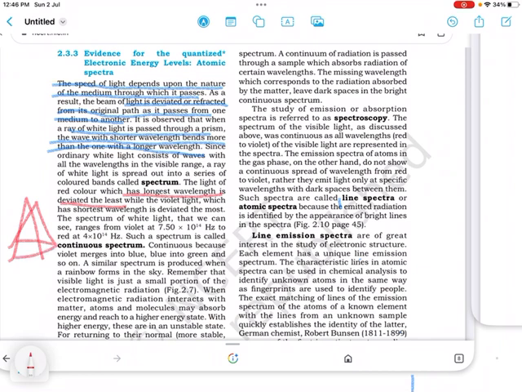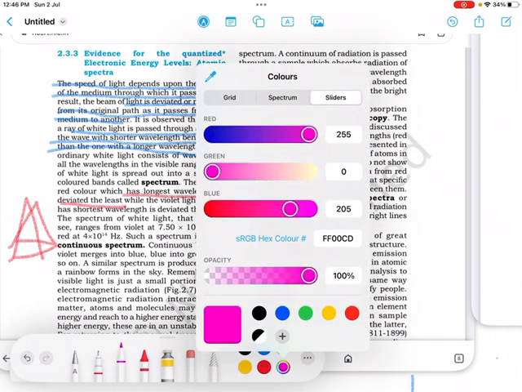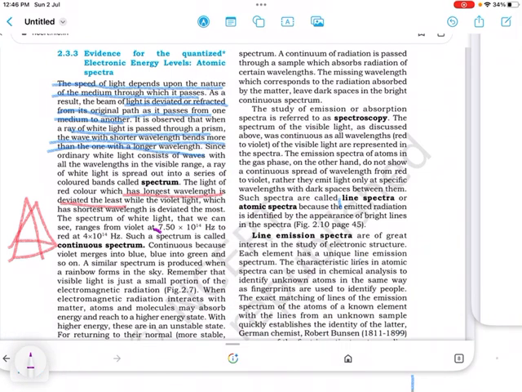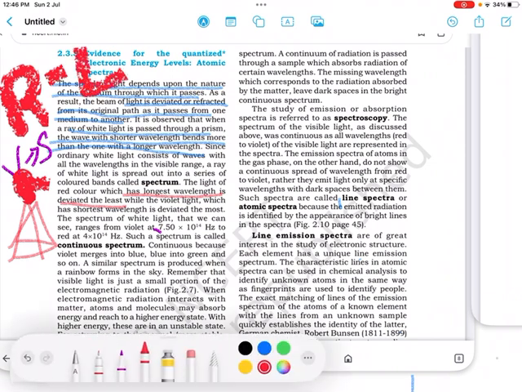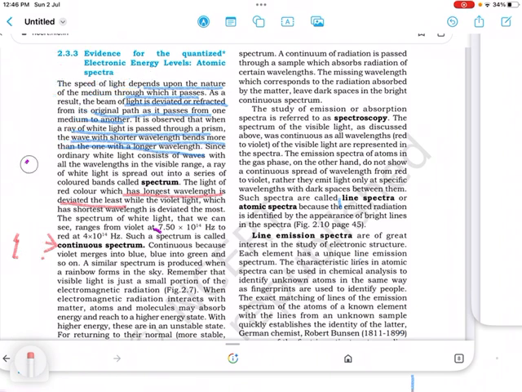While the violet color light, which has the shortest wavelength, is deviated the most. Violet is short while red is long. From the white spectrum we can see that it ranges from violet.